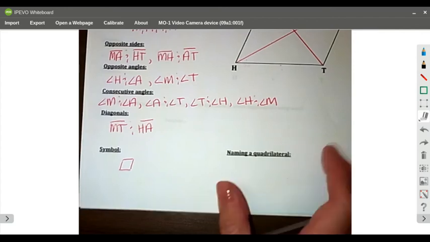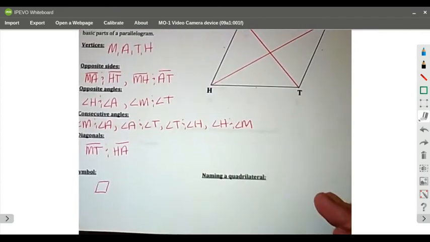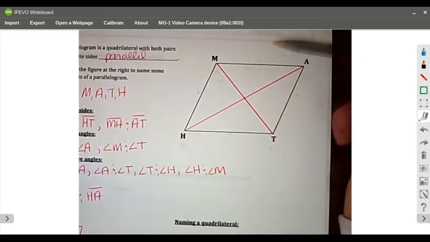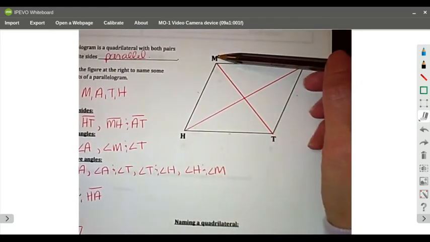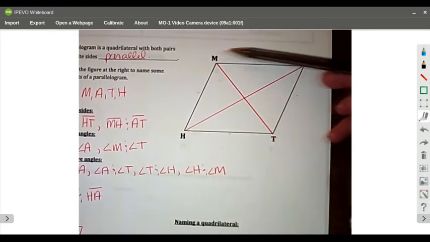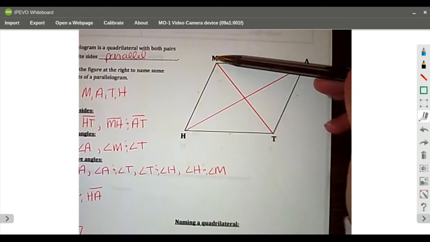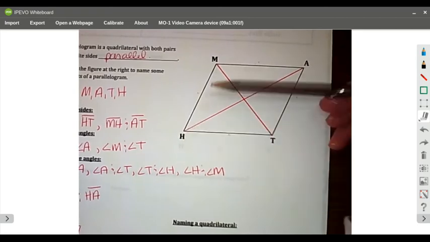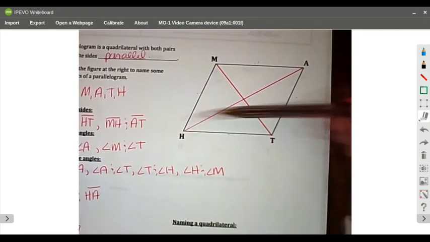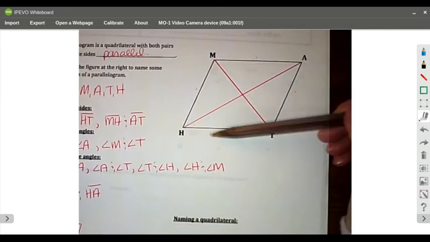And so when you name a quadrilateral, I think I've talked about this before. This came up on your last quiz in chapter 7, or a couple quizzes ago. When you name a quadrilateral, you have to start at one corner, say M, and go in either direction, clockwise or counterclockwise, without skipping around. You have to go in order around the figure. So from M to A to T to H. I can't go M, A, H, T. You can't skip around.